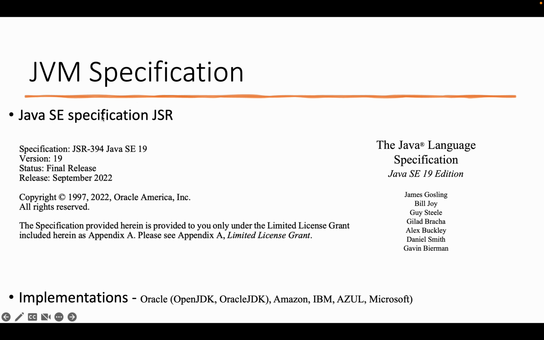For instance, if you go online and Google Java SE specification, JSR, you'll find a document like for Java 19. You'll find a document that outlines the specification for Java version 19, how it has to be implemented.